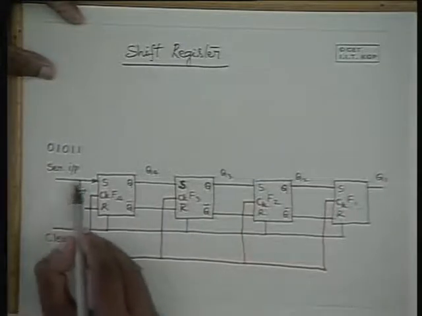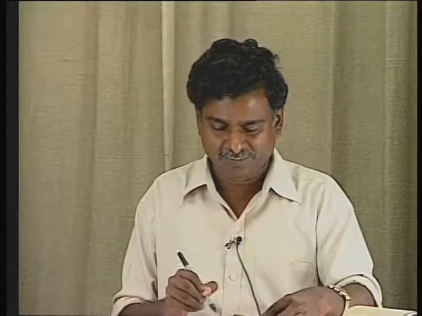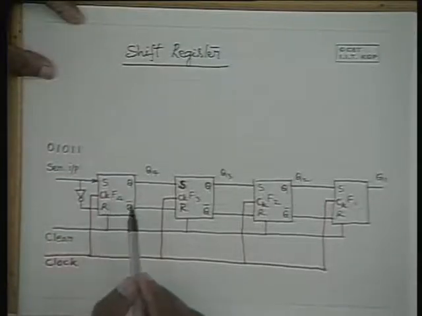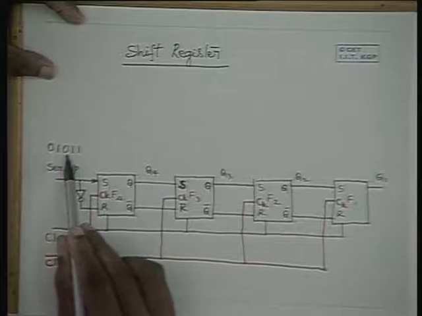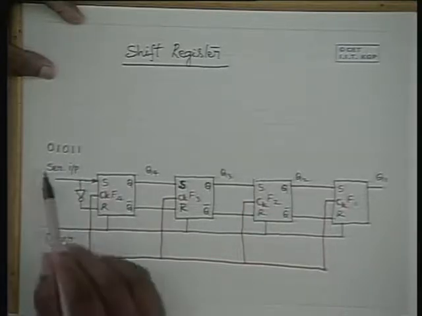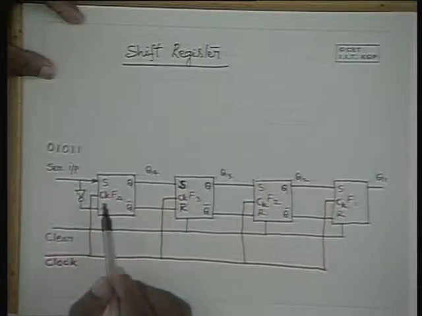First we apply one level and then apply a clock, then apply the second one and apply the clock, the next 0 is applied and the clock is applied, the next 1 is applied and the clock pulse is applied, and finally 0 is applied and the clock is applied.